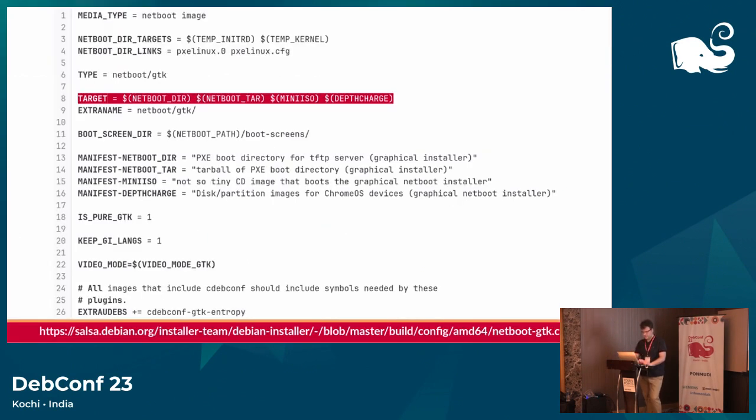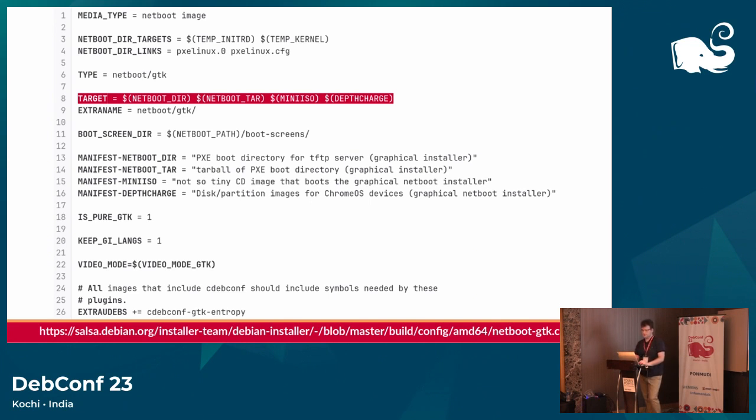In this config file, the most important thing, I think, that generates the mini ISO is this line, TARGETS equals something something MINIISO variable. Due to the architecture of this build system, the targets defined here get built, and nothing else gets built, except the dependencies of these.